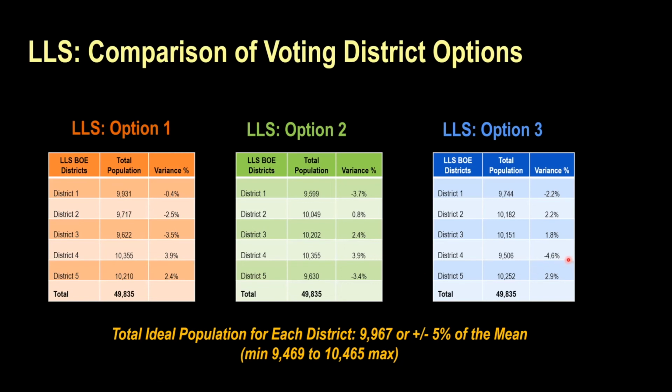And in option 3, we are below 4.6% of the ideal. And then going back to District 5 under option 1, we are above 2.4%. In option 2, we're below 3.4%. And in option 3, we are above 2.9%. So we are within, again, that plus or minus 5% of the mean, and we are within the ranges that are required.